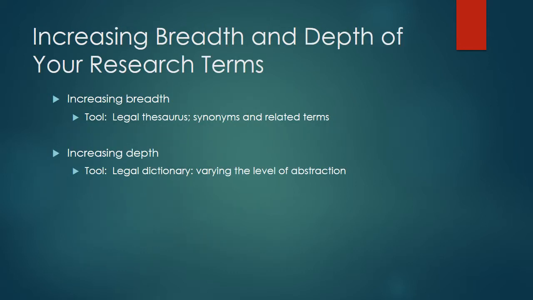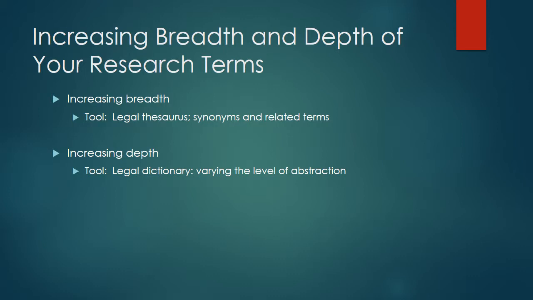So what is really great about Sloan's description of her chart is that she explains that increasing the breadth and depth of your research terms is a useful tool, and a legal thesaurus is a great tool for increasing the breadth. You can find synonyms and related terms.